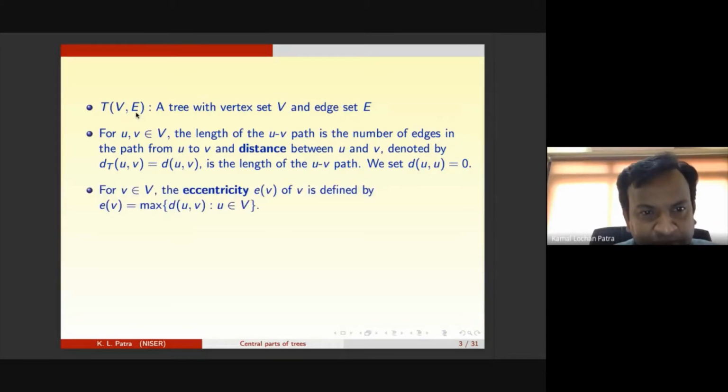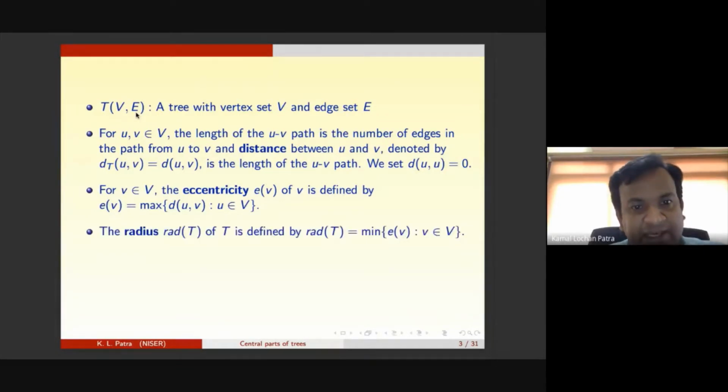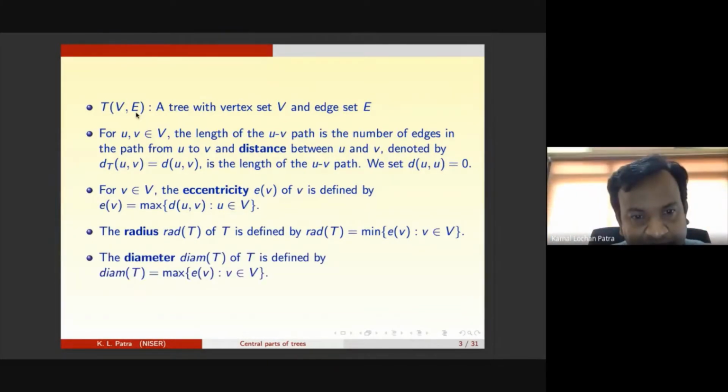For any v belonging to V, the eccentricity of v is defined as the maximum of the distance between u and v, where u varies over V. Then the radius of a tree is defined as the minimum eccentricity, and the diameter of a tree is defined as the maximum eccentricity. These are known definitions.